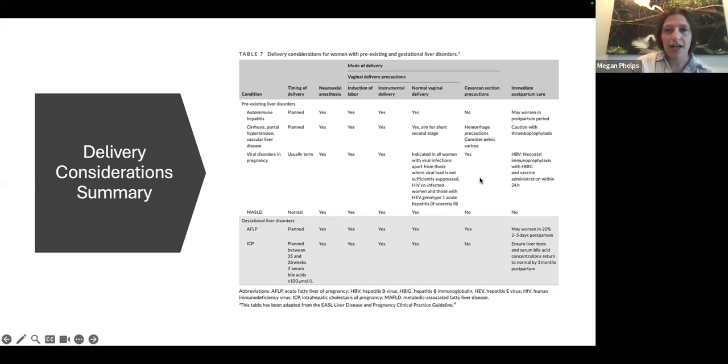It talks about C-section precautions, again, like being ready for a hemorrhage in a patient with cirrhosis and thinking about varices, kind of similar for acute fatty liver, and then also some postpartum care. For acute fatty liver, it can get worse and then better, and then for cholestasis, just following to make sure their labs normalize.